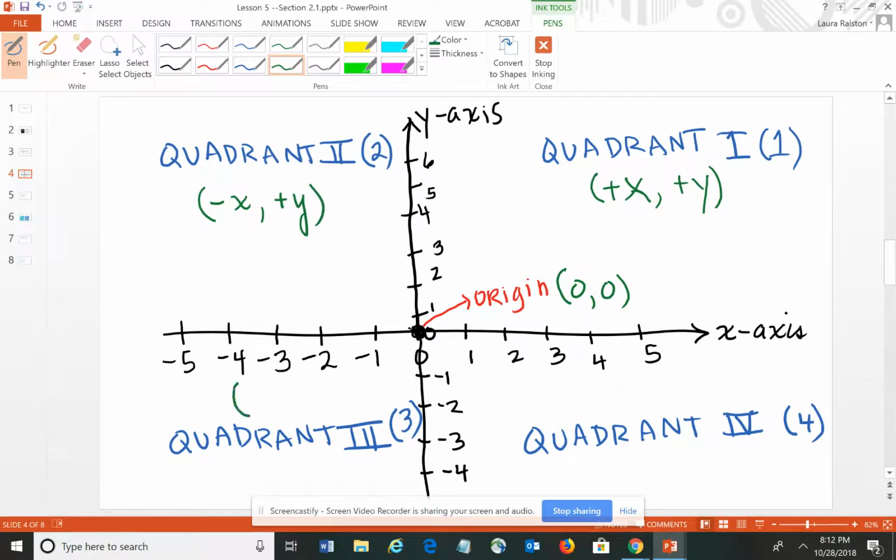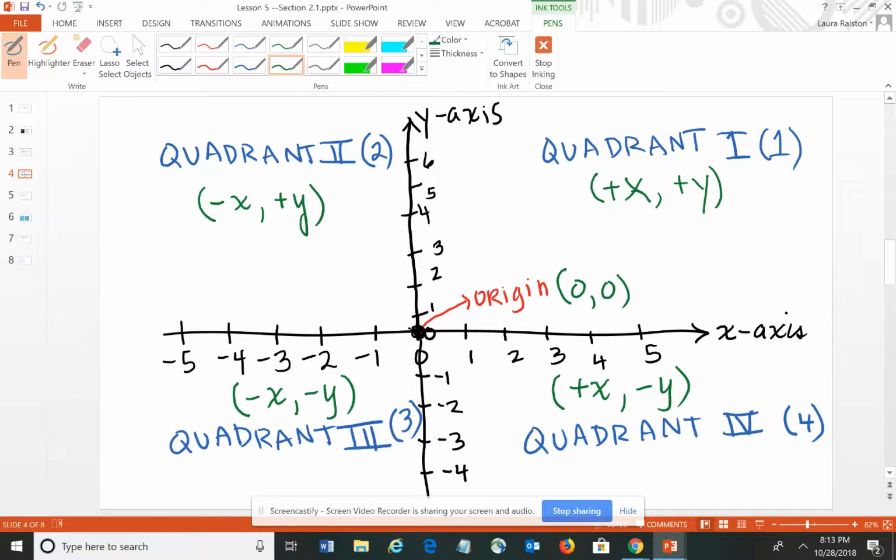In quadrant 3, you would have a negative X and a negative Y because you moved left and down. And finally, in quadrant 4, you would have a positive X and a negative Y because you moved right and down.